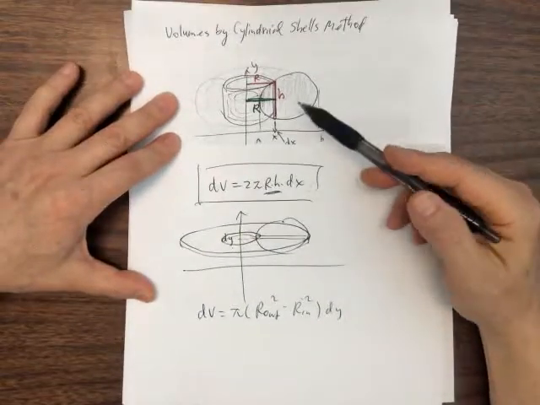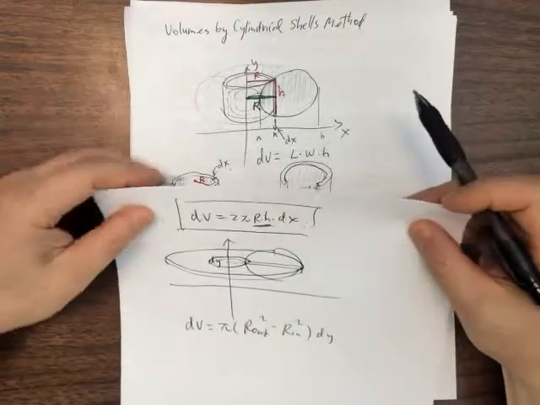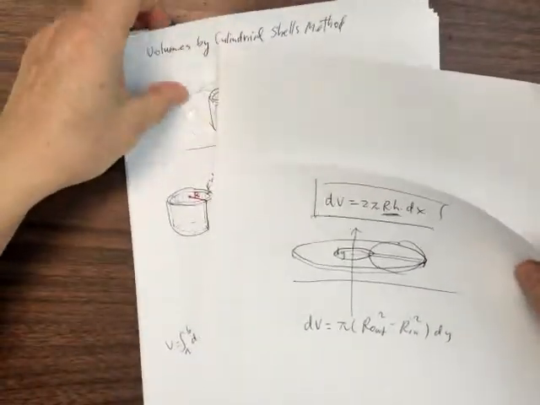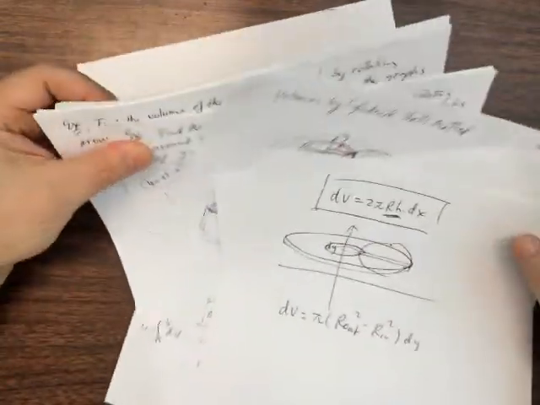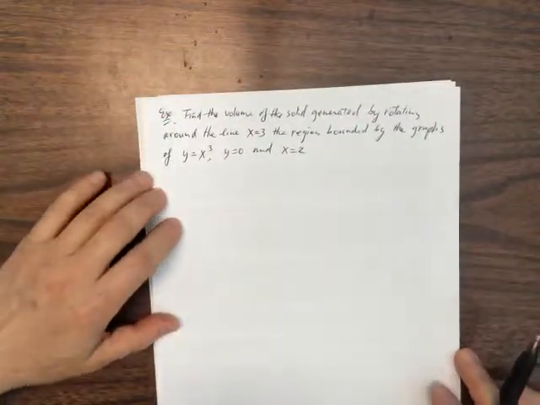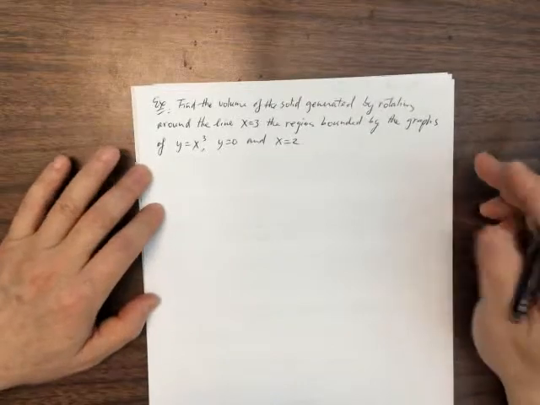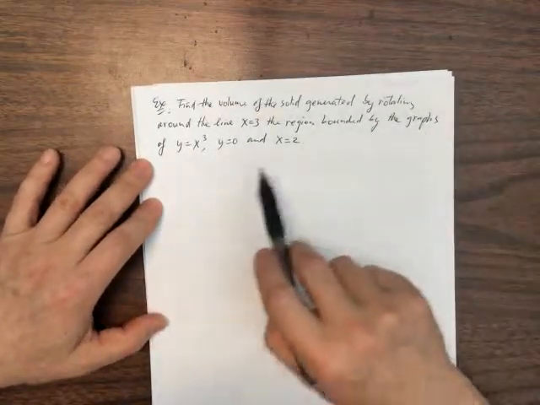So we have to know both methods. Alright, now I wanted to do one more example. Of course, this section we're focused on the cylindrical shell method, so we're going to use that method.